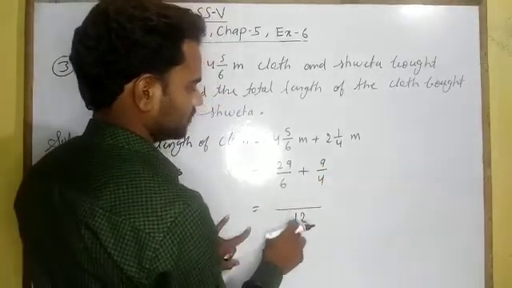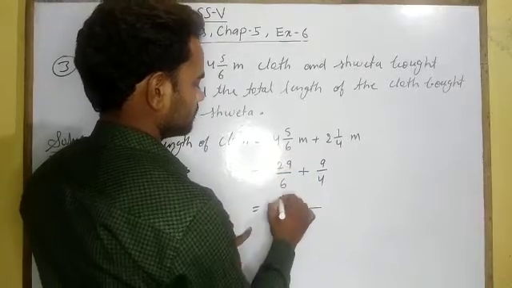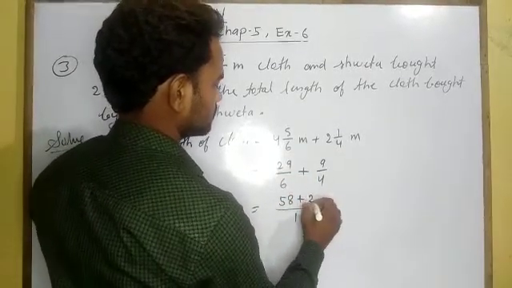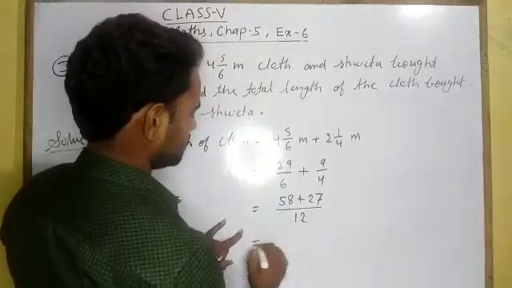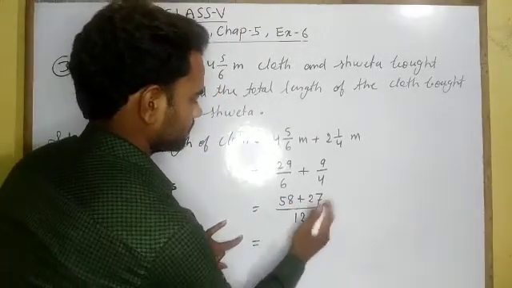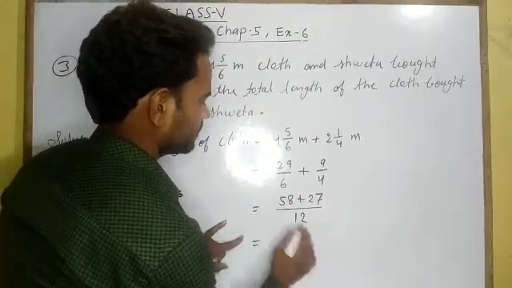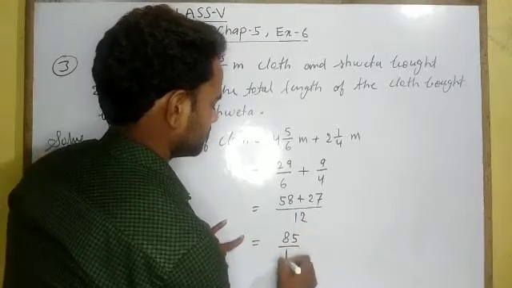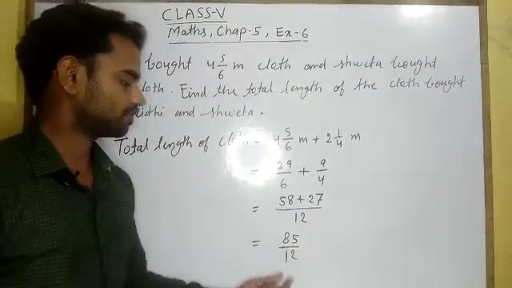6 times 2 is 12, 2 times 29 is 58, plus 4 times 3 is 12, 3 times 9 is 27. Now add them. 8 and 7 is 15, carry 1, 5 and 2 is 7 and 1 is 8, so 85/12.